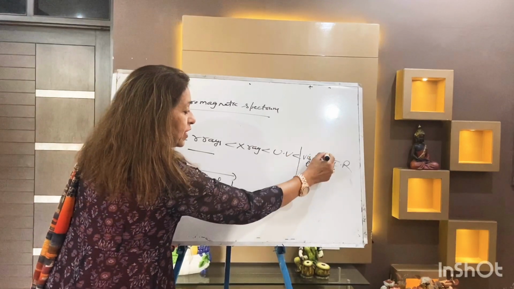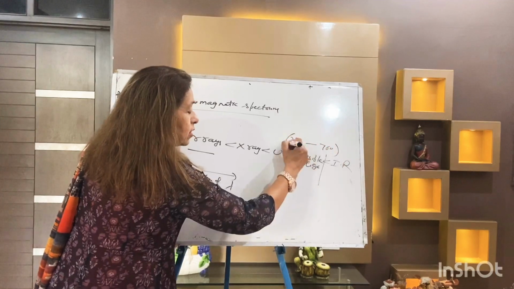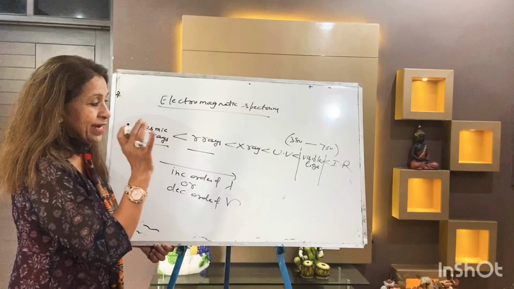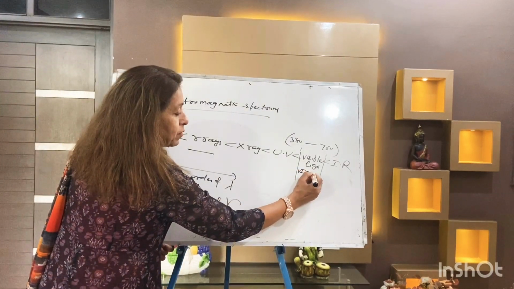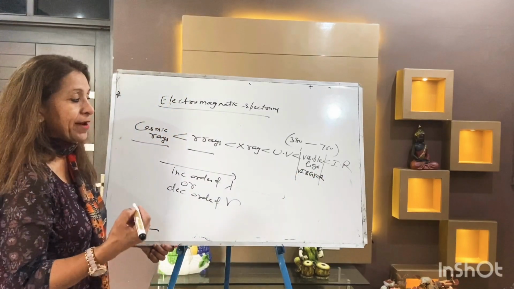Visible light is 380 to 760 nanometer. Within this range our eyes are sensitive, and visible light itself is VIBGYOR: violet, indigo, blue, green, yellow, orange and red.